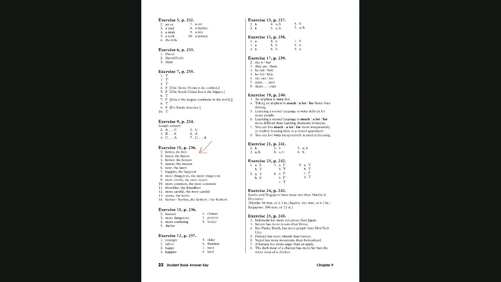We never take off that ly if it's an adverb. We cannot put the er like slowlier. If we want to use the adjective slow, we can say slower. But this is an adverb. It tells how you do something. So we have to have the ly and we cannot put the er. Yes.